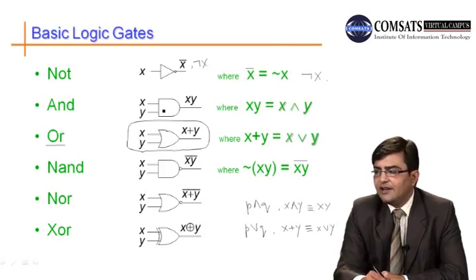Same is the case for the AND operator, as if we have two possible values of X. If X is true and Y is true, then the output of this logic gate will be true. If X is true, Y is false, then the output will be false.